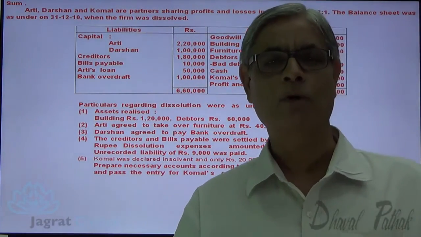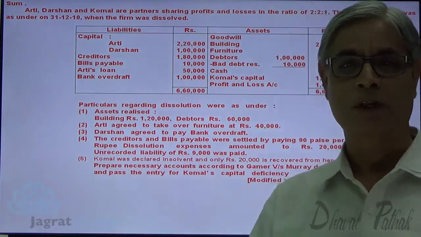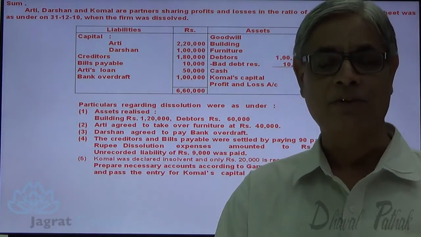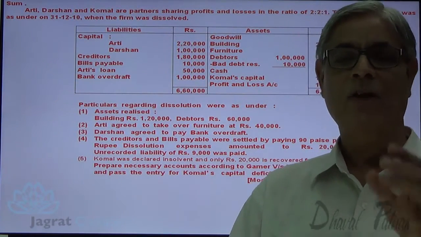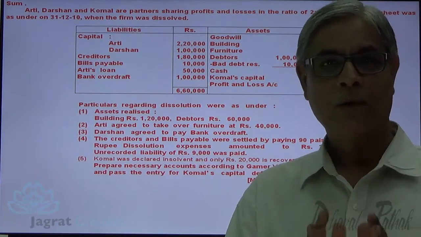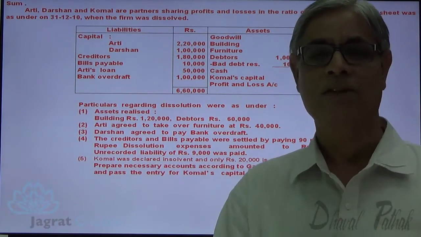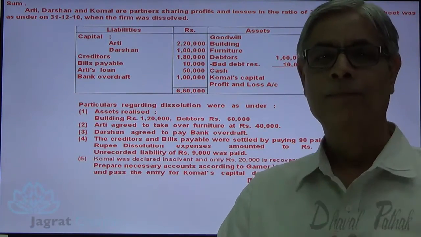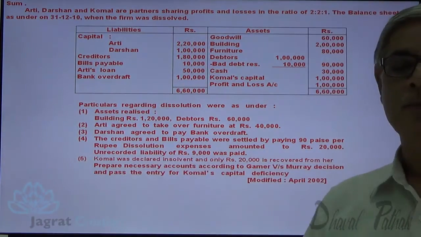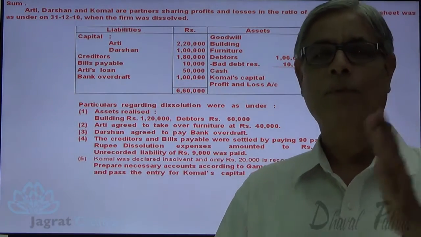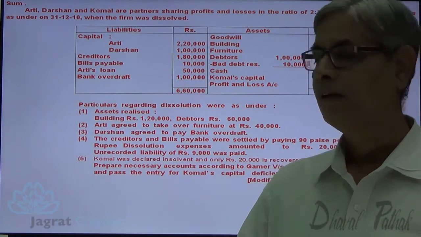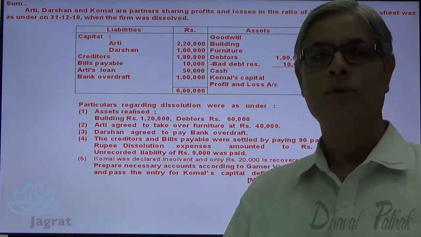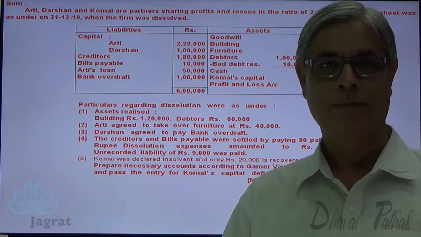One more thing also pronounced by Justice Joyce in this Garner versus Murray decision was that the solvent partners are required to bring cash equivalent to the realization loss suffered by them. Now, after making this much discussion and theory, let me say in brief, when the Garner versus Murray decision is applicable, what are the important points that you should consider? One: find out the capital proportion of solvent partners at the date of dissolution.